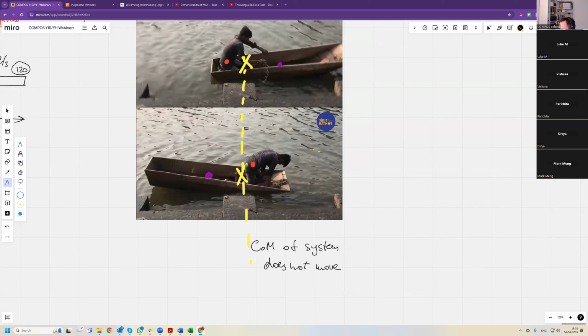But if a center of mass acts like a pivot on the boat, making the boat balance, surely the boat will never tip over. Yeah, exactly.